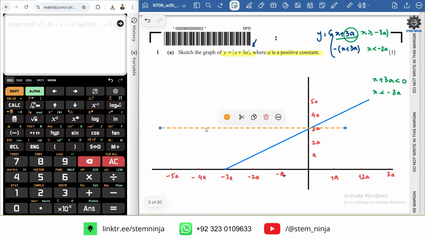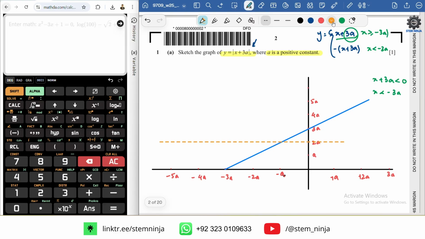So basically what I wanted to do over here was that at 5a it should be crossing the 2a.